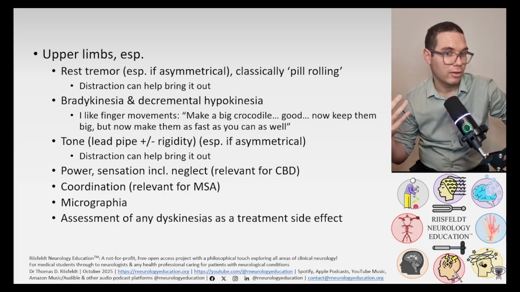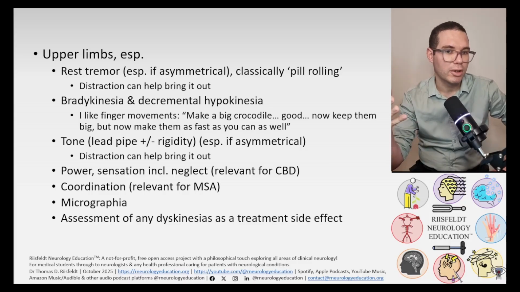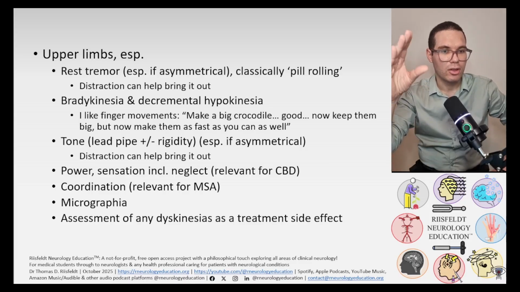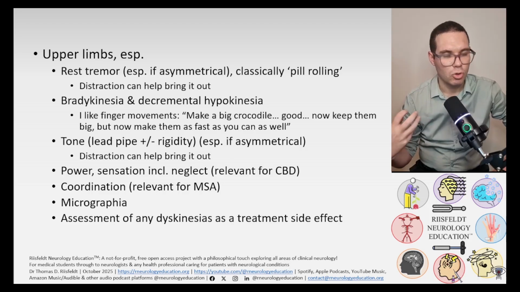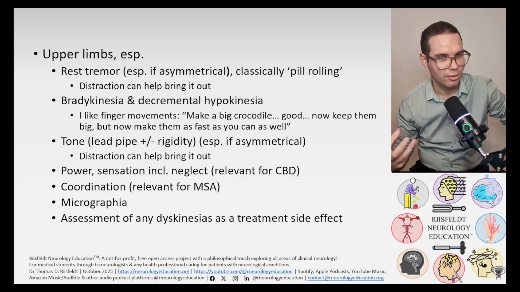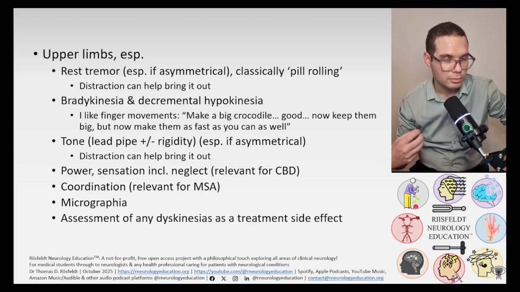And if the patient really slows down, or if they develop decremental hypokinesia, so they might stay fast, but the amplitude of the movement may progressively decrement so that they're just doing little ones by the end, then that is abnormal, and that's consistent with Parkinson's disease or with some other extrapyramidal problem.